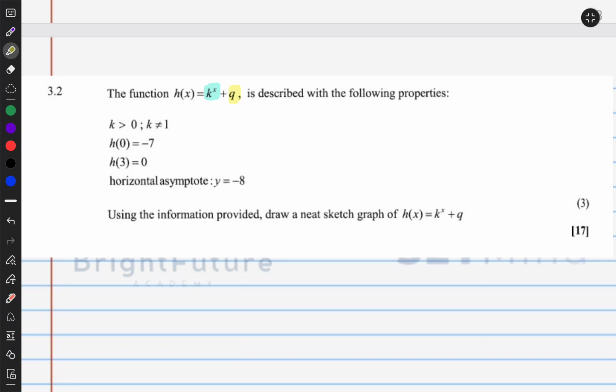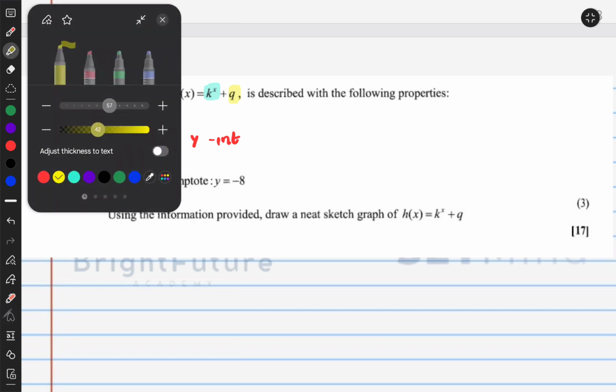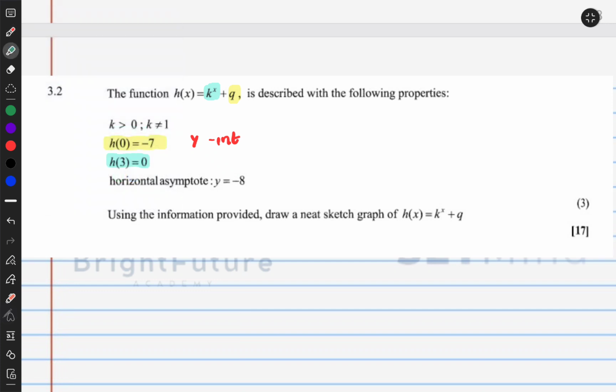And then where x is 3, the function of h is 0. So basically this is our y-intercept, and then here where x is 3, h at 3 is equal to 0.